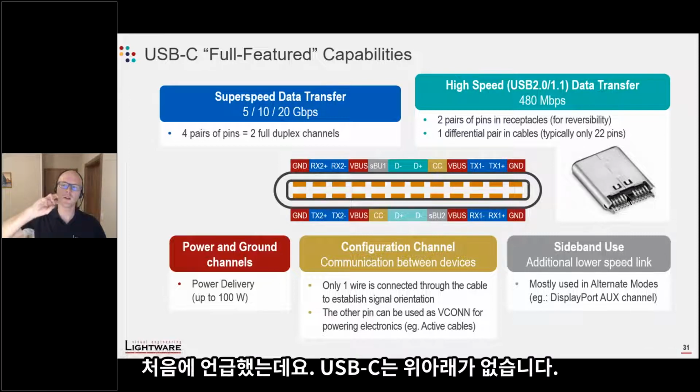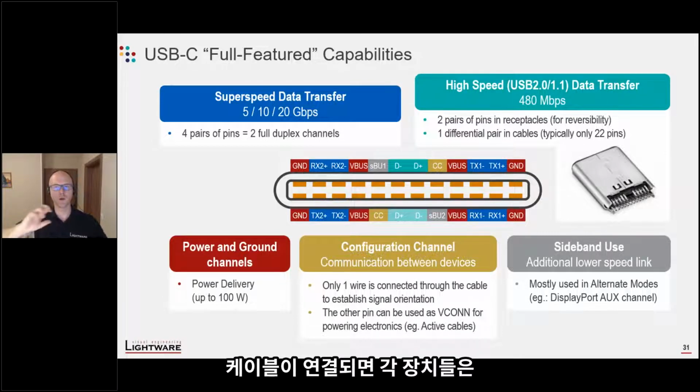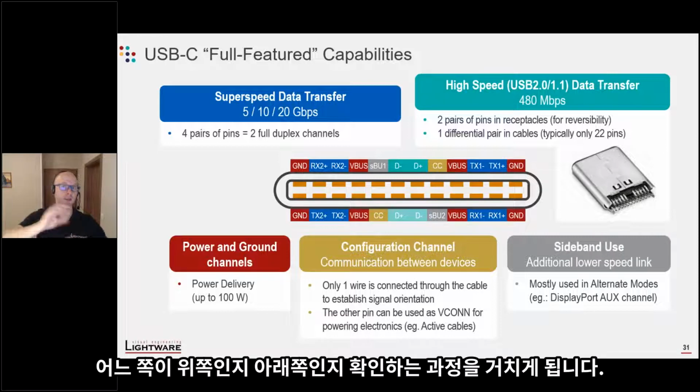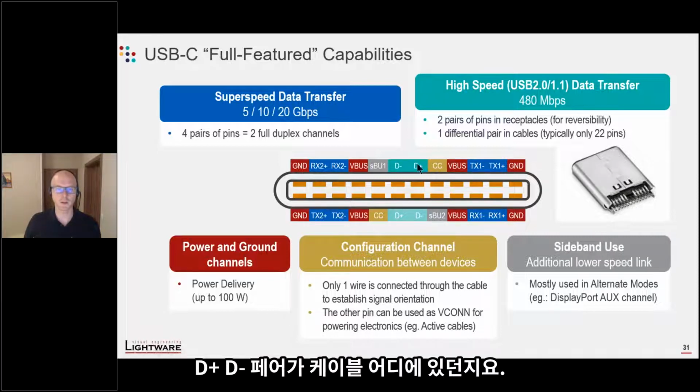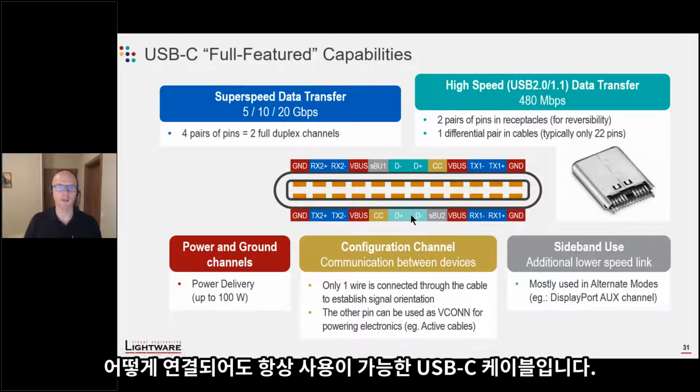As I said, the connector is symmetrical, so it doesn't matter in which way you plug it in. The devices will always communicate which side of the cable is up and which side is down. So they will always find the D plus D minus wire pair which is inside the cable. So they are not going to try to communicate through these missing wires. So they always find how the cable is plugged in.